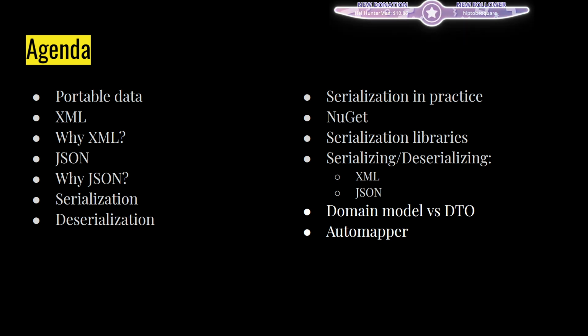And at the same time, we'll discuss serialization libraries for JSON, and Automapper as a very good library for mapping, because mapping is what you'll be doing a lot if you plan on working with clean domains separated from serialized data. Indeed, NuGet packages will be downloaded.